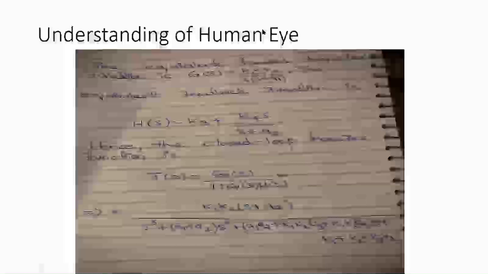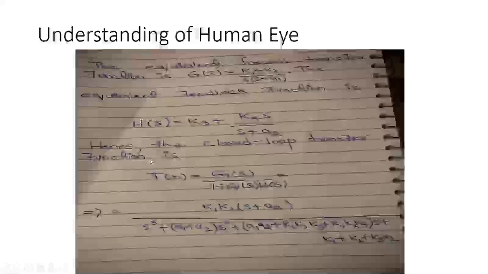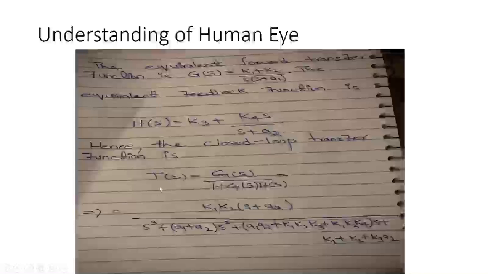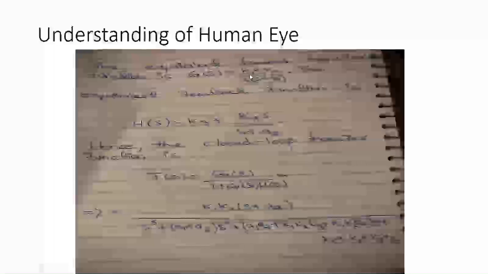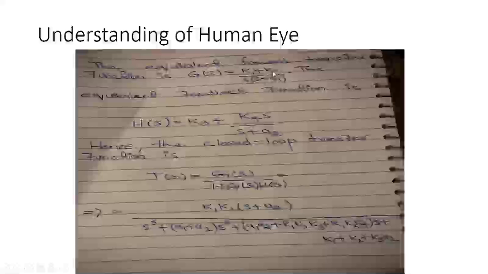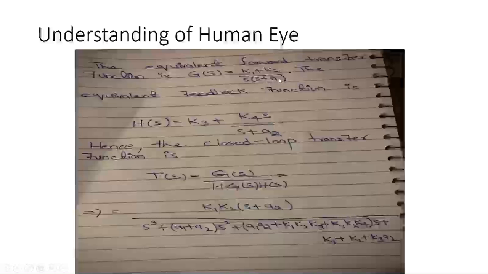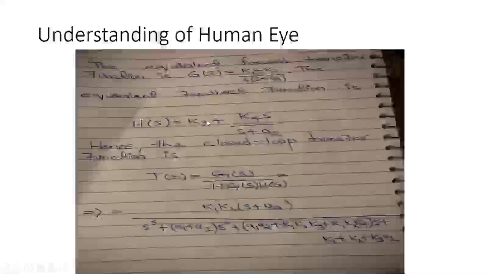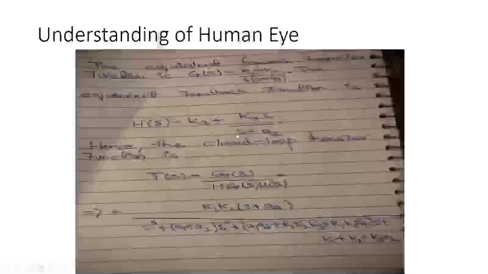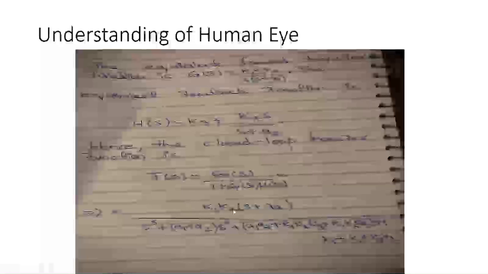Now, hence the closed loop transfer function, by using this formula we put the value of G(s), which is equal to K1 plus K2 divided by s times (s plus a1). Now by putting the value of G(s) in the formula, and the value of H(s), which is equal to K3 plus K4 s divided by s plus a2, we get this.